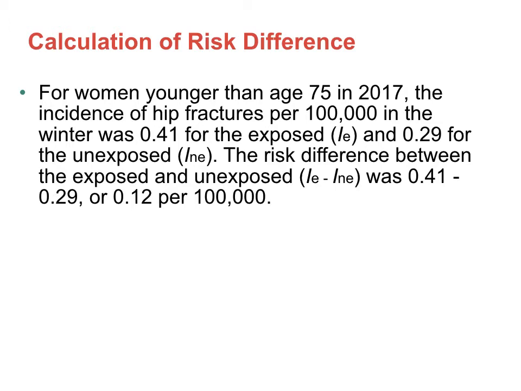And the incidence rate for hip fractures per 100,000 in the winter among the unexposed group was 0.29. So the difference would just be 0.41 minus 0.29, which gives us 0.12 per 100,000 as the risk difference between the exposed versus the non-exposed group.